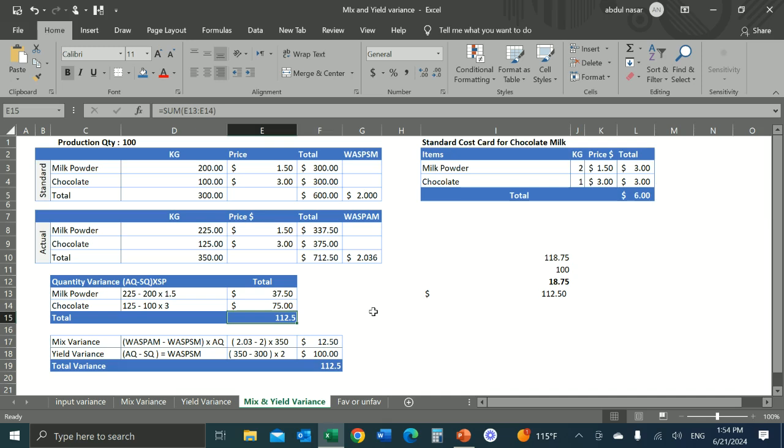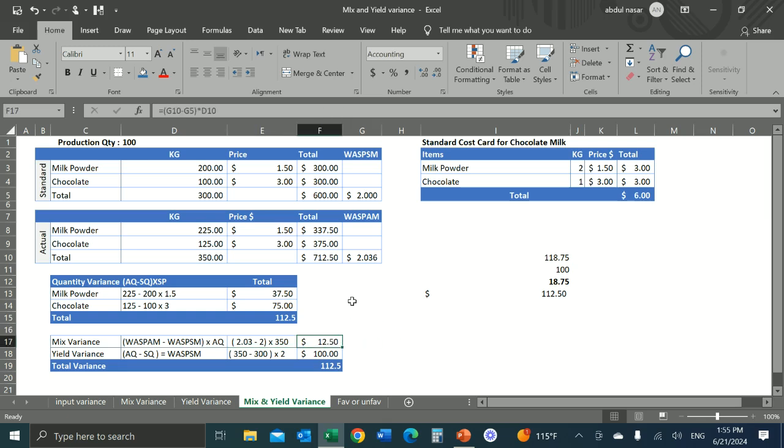So that we have to find out, and we have the formula here: the weighted average standard price of actual mix, which is 2.036, minus the weighted average standard price of standard mix, multiplied by the actual quantity. The actual quantity is 350. You multiply that by 350 and you will get a $12.50 difference.